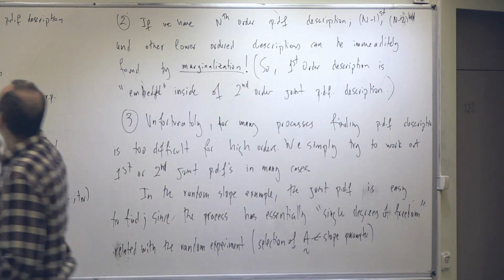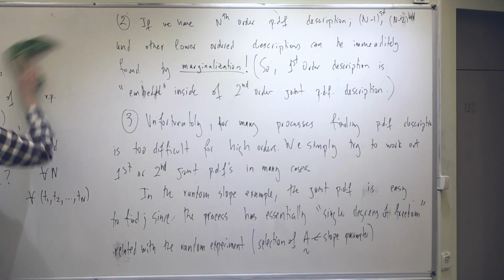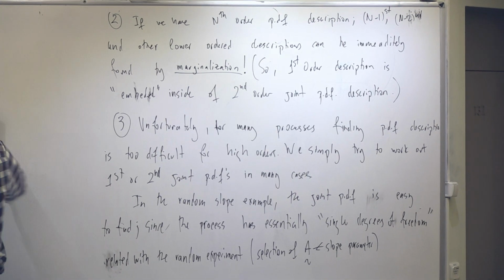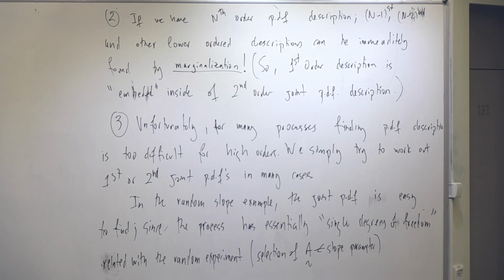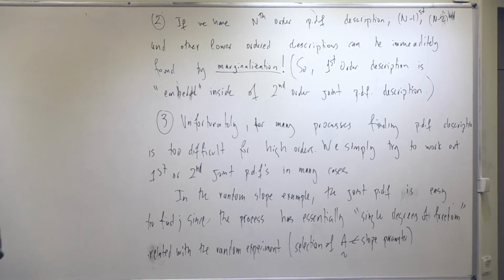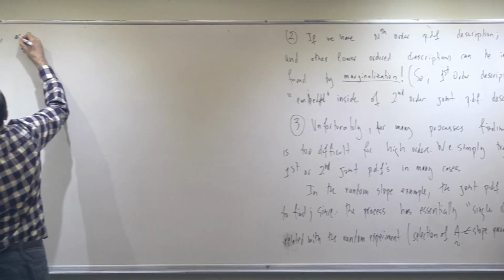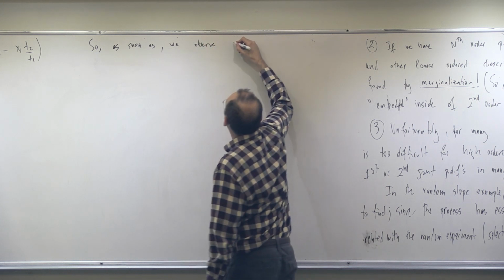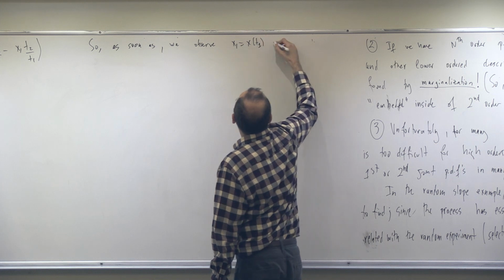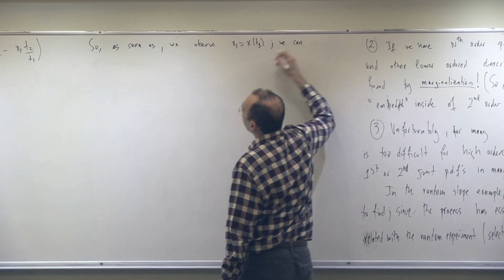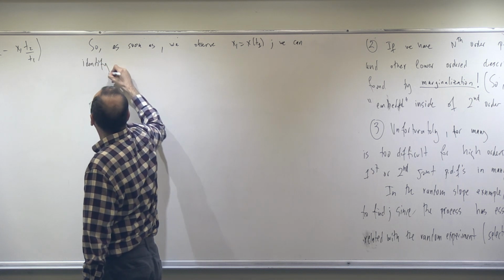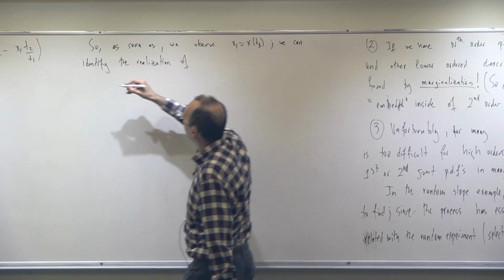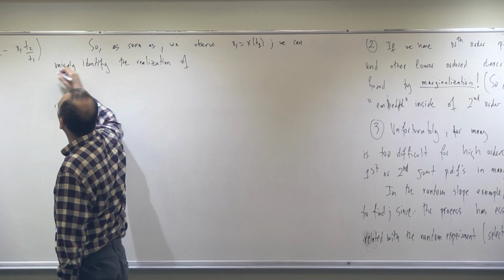So as soon as we observe, let's say x1 is equal to x t1, we can identify the realization of, we can maybe actually uniquely identify, because as you see, there was a Dirac delta.